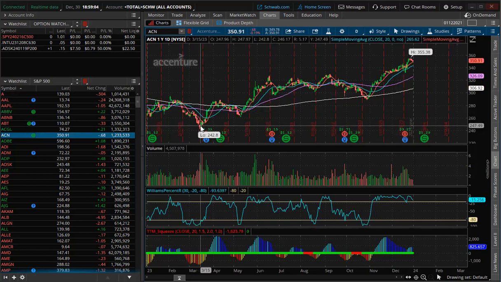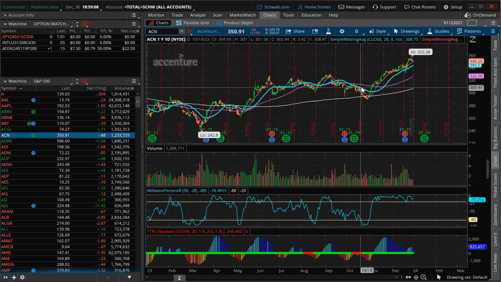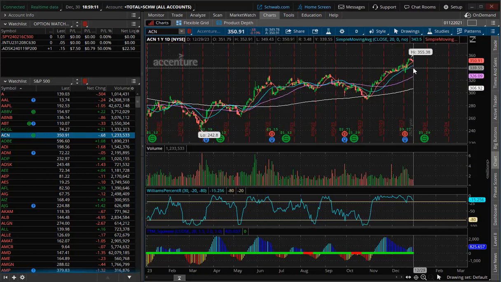A call option bought down here, or maybe a year LEAP, would have made a tremendous amount of money. So feel free to investigate the other features that I don't use, but they are there to be used.